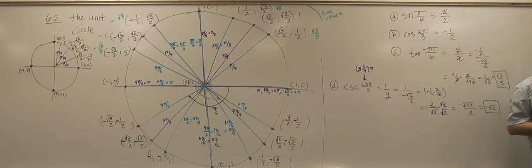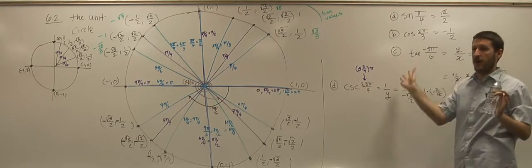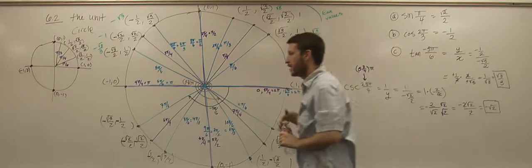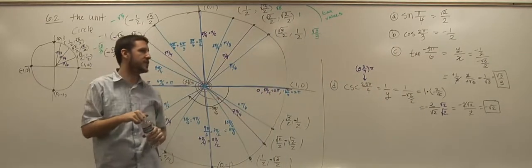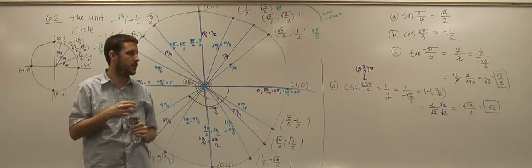But you have to be able to get them proficiently and accurately and quickly. Okay? So if you want to use triangles to do this, great. If you just have everything memorized in a table or something, fine. But you're going to be expected to know these things, be able to come up with each of these in about a minute or less. So be able to do it.